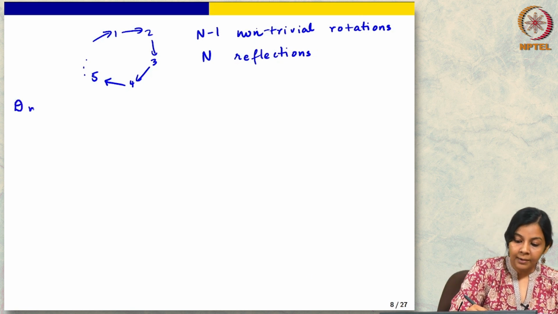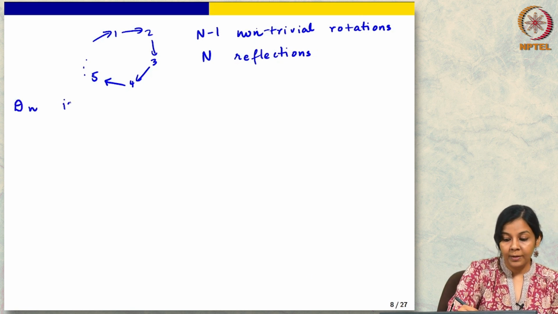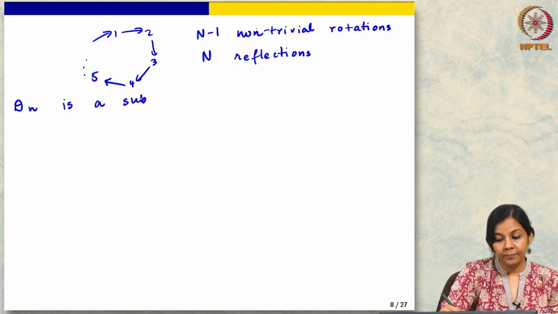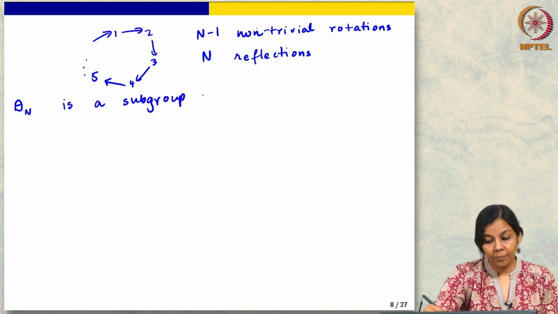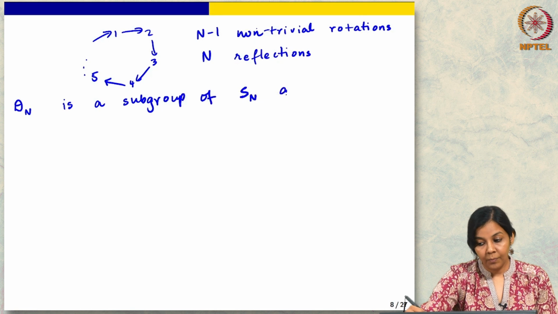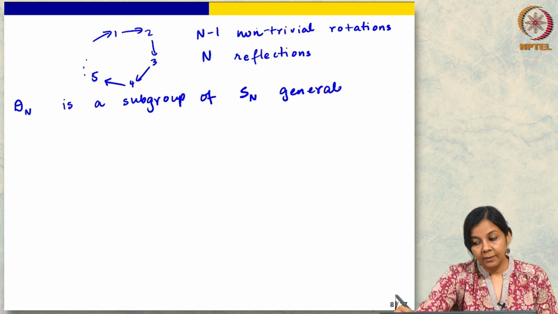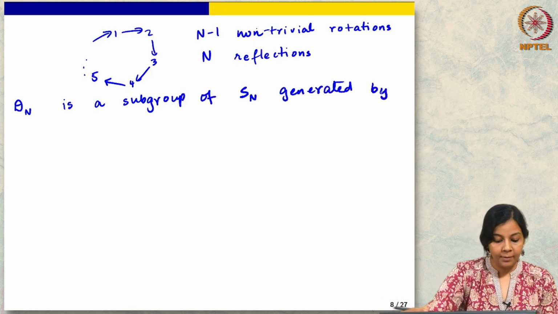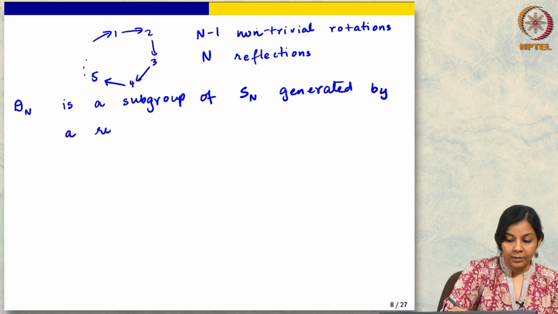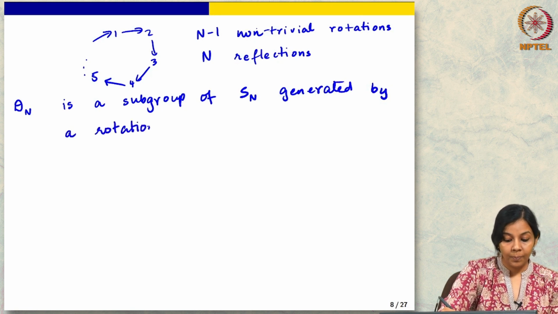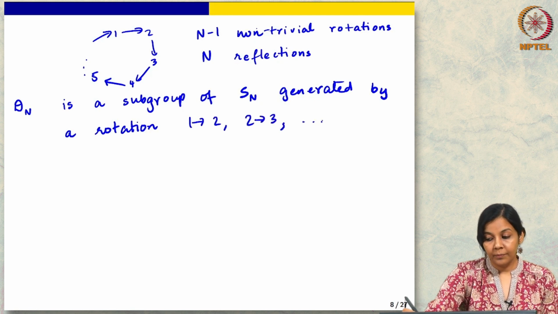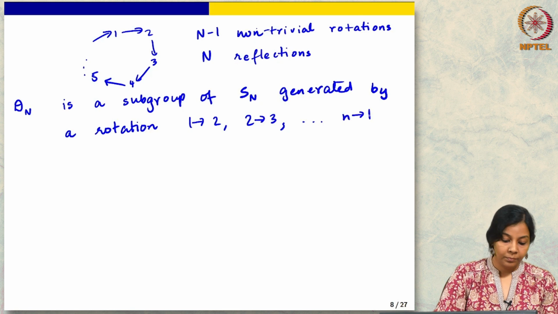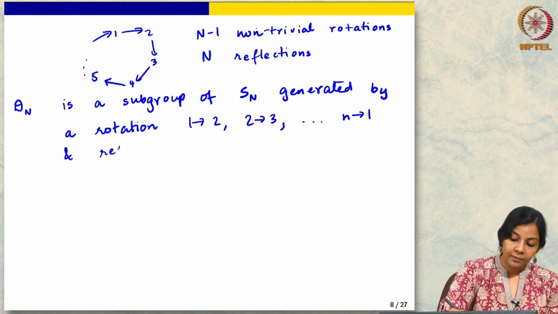So, Dn, this dihedral group, is a subgroup of Sn, which is generated by a rotation, just 1 to 2, 2 to 3, and a reflection.